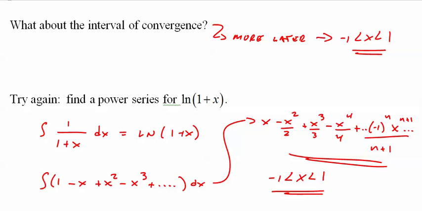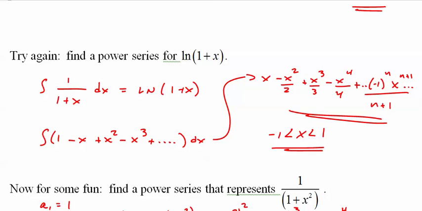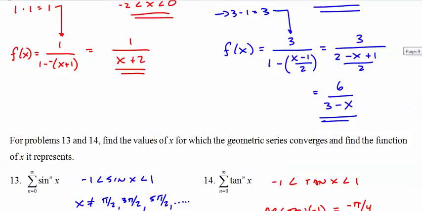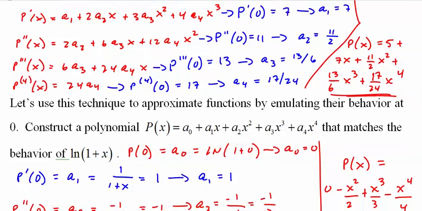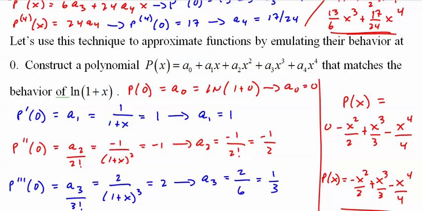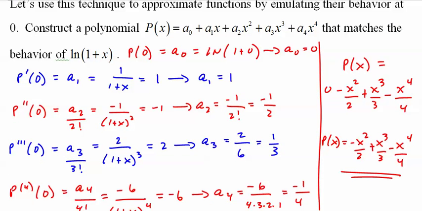And we said, hey, what's the power series for the natural log of 1 plus x? And we got a very familiar looking series: x minus x squared over 2 plus x to the 3rd over 3 minus x to the 4th over 4, which I just realized I made a mistake on. Let me fix that, even though I don't have quite the room for it.